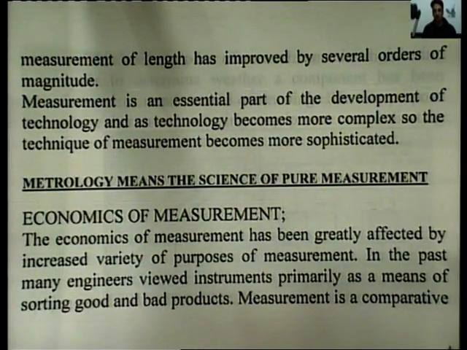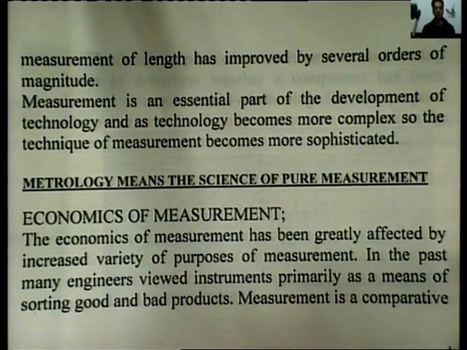Measurement is an essential part of the development of technology, and as technology becomes more complex, the technique of measurement becomes more sophisticated. So we have a lot of sophisticated measuring instruments available in the industrial market, and the price of these instruments is quite high because they are doing a very special job.